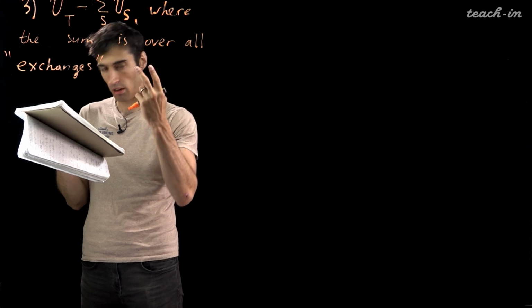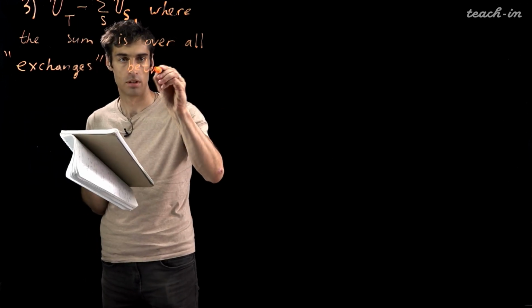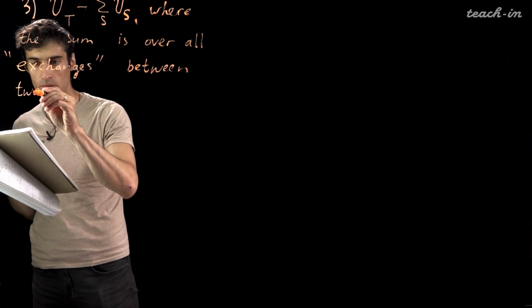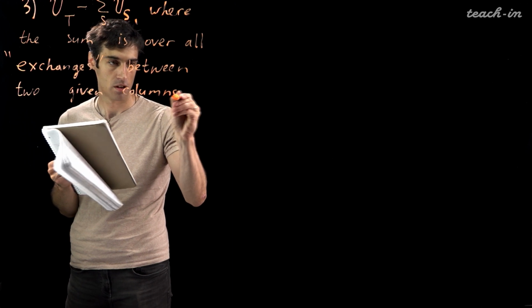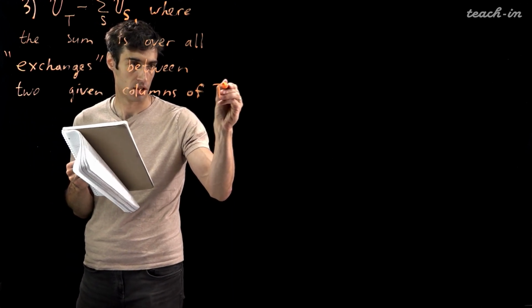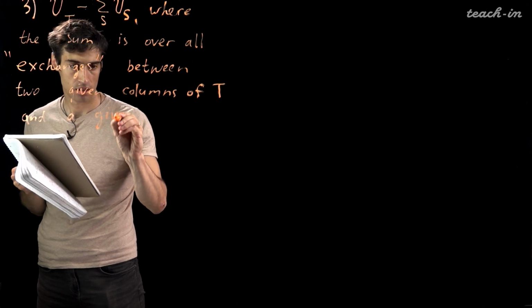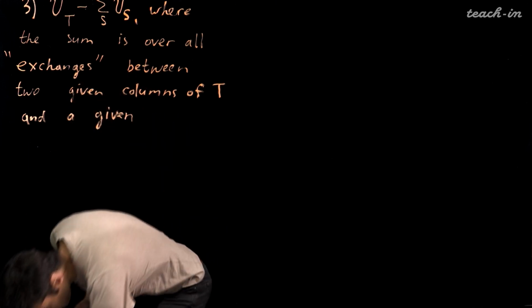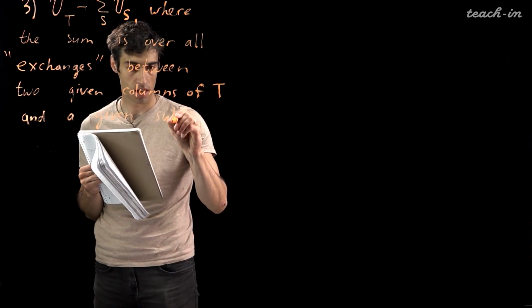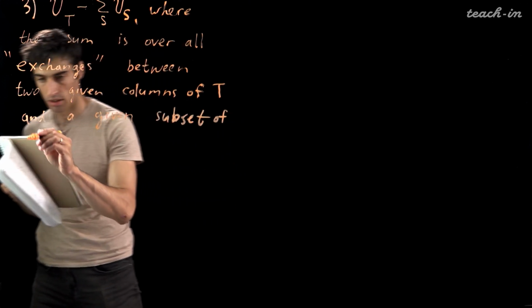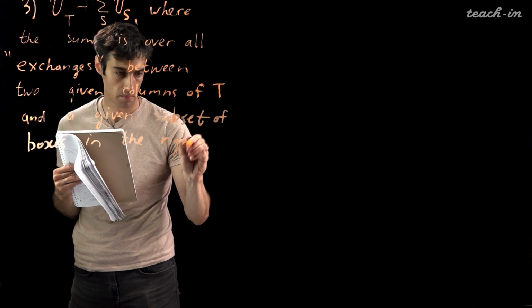If you give me two fixed columns, so between two given columns of t, and a given subset of boxes in the right chosen column.